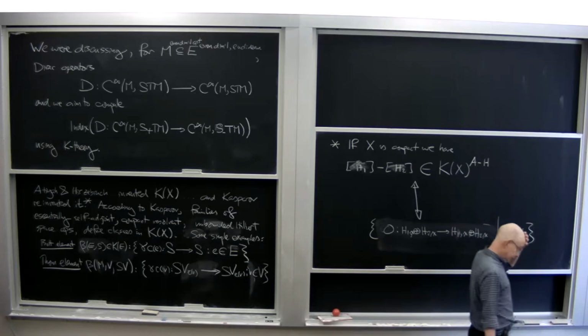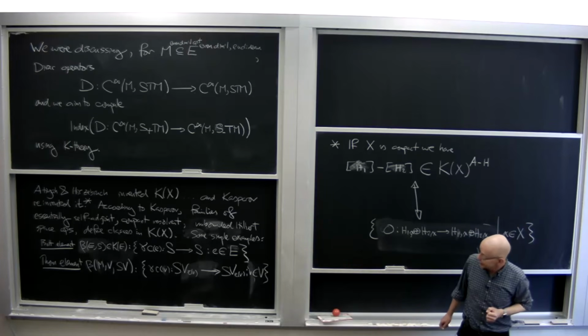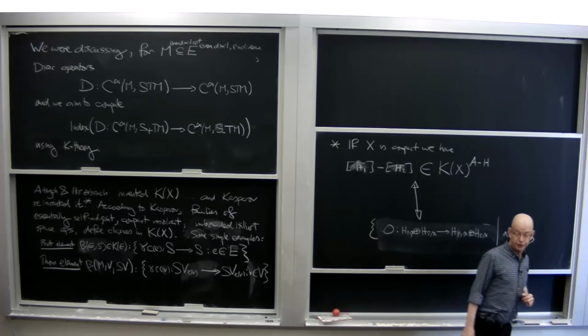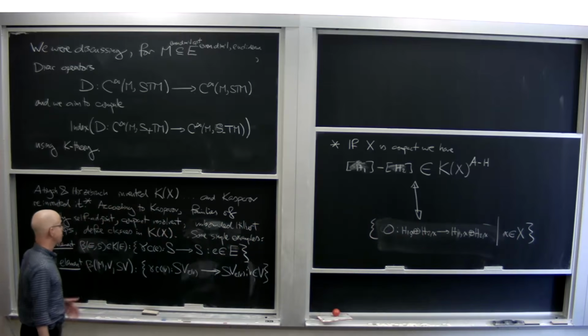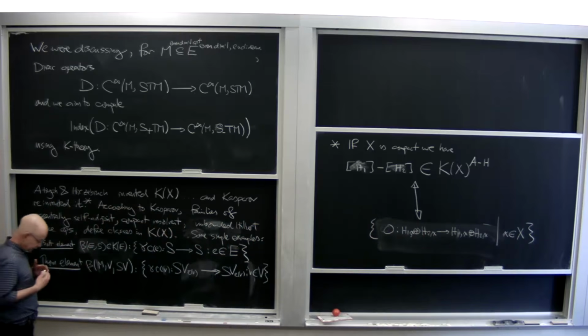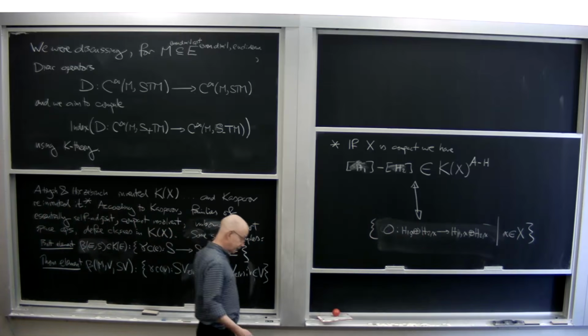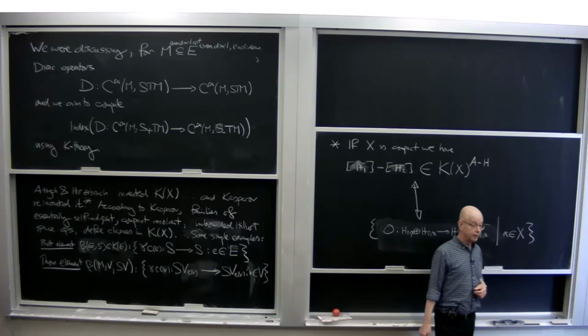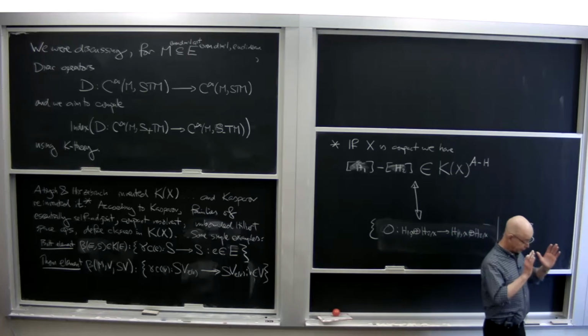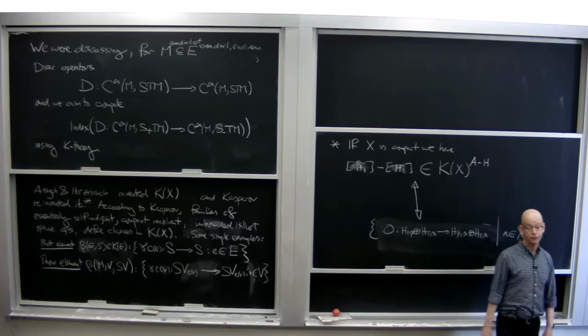I'm not sure exactly what you're referring to, but these families that Kasparov builds, discussed over here on this board, what Kasparov says is that K theory is homotopy classes of families of the type that I'm discussing. So the equivalence relation is homotopy. And a homotopy between two cycles over X is a cycle over X times the closed unit interval. We'll see some homotopies today.